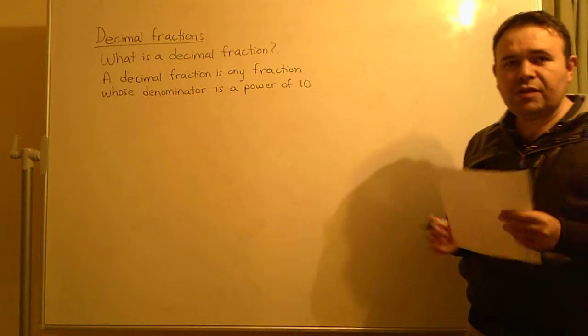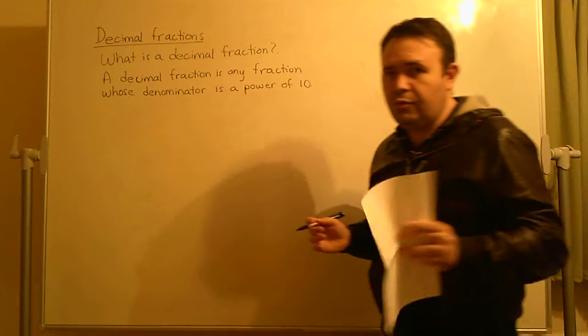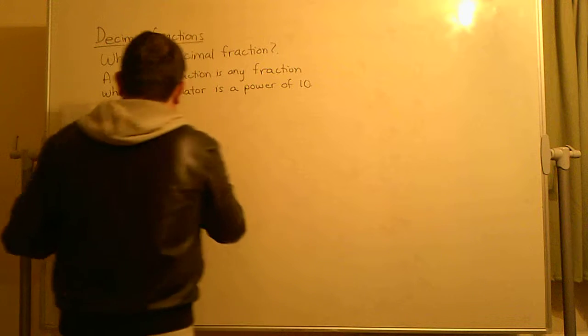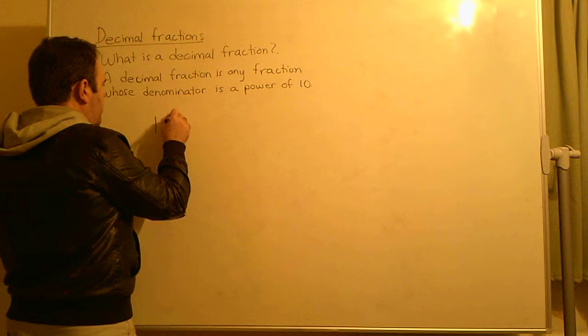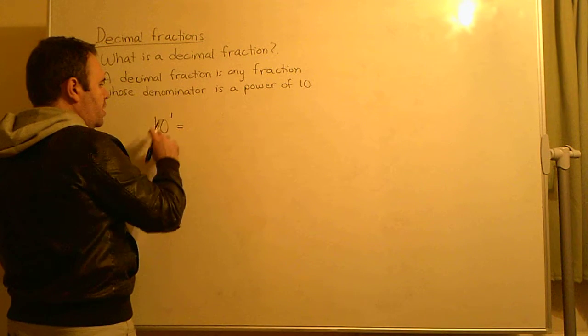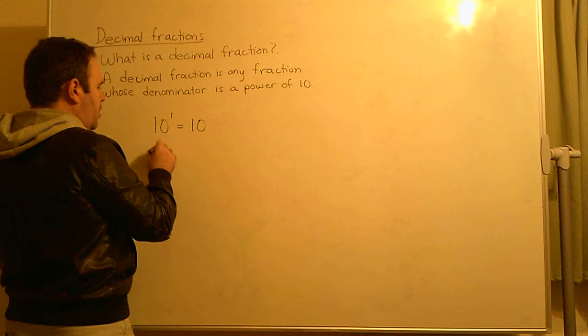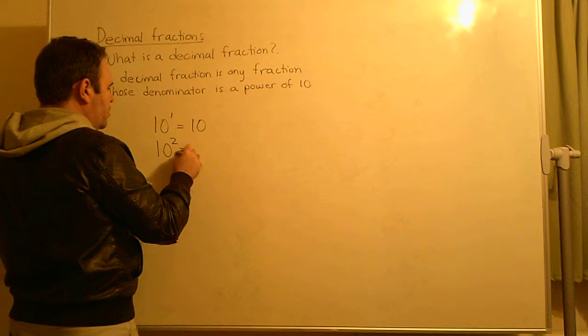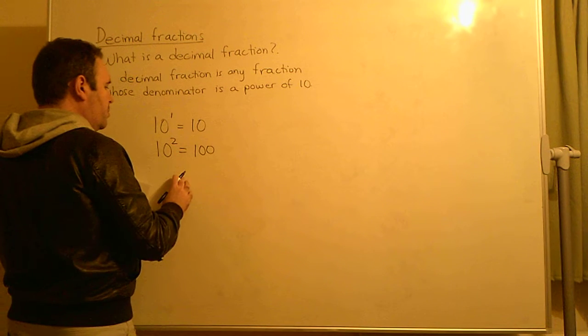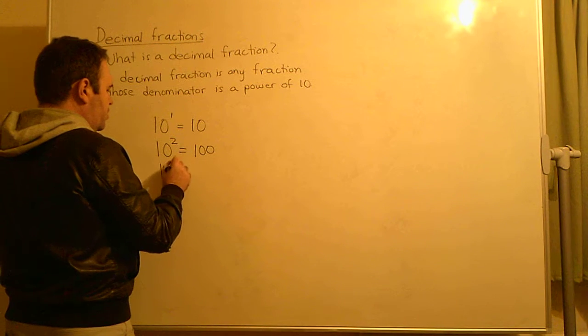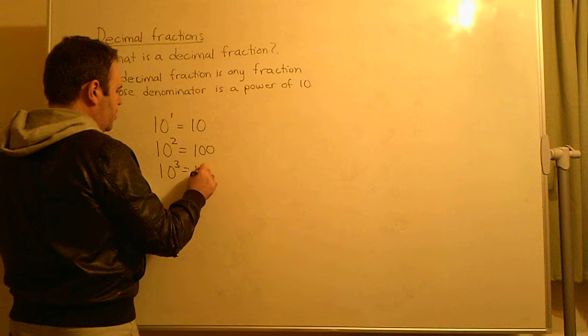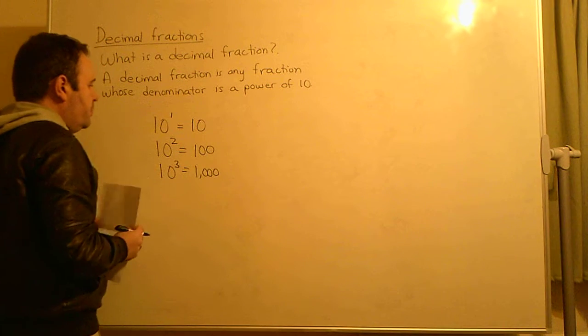So, what is a power of 10? You would be asking. For instance, 10 to the first is 10, yeah? 10 to the power 2 is 100. 10 to the power 3 is 1000.